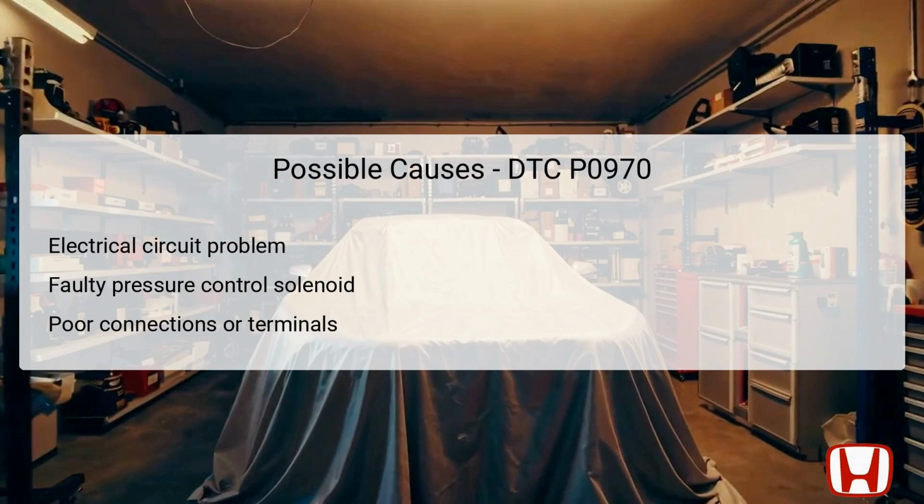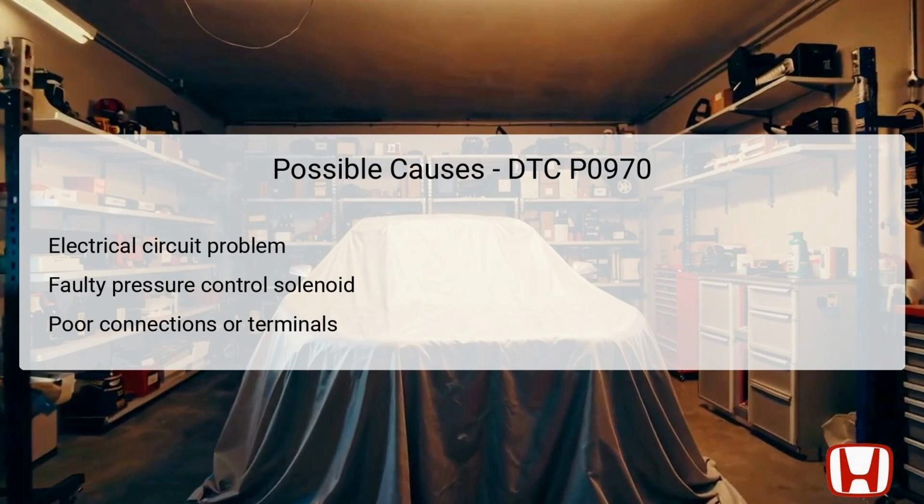One of the main causes is a malfunction of the pressure control solenoid itself, which could be due to age, wear, or manufacturing defects. Additionally, poor connections or loose terminals may influence the electrical circuit's integrity, leading to erroneous voltage readings.